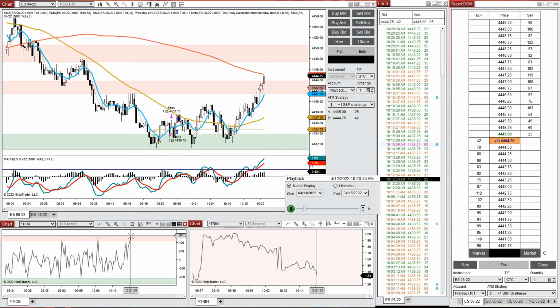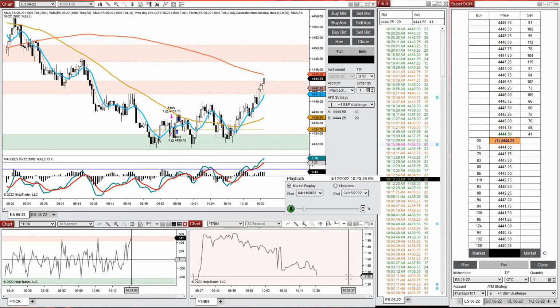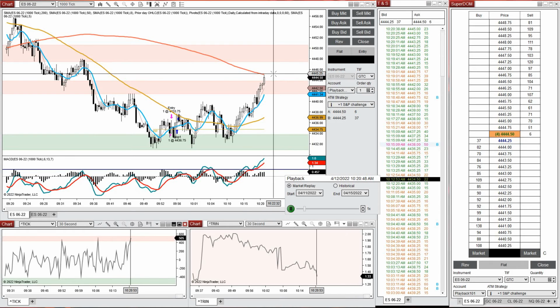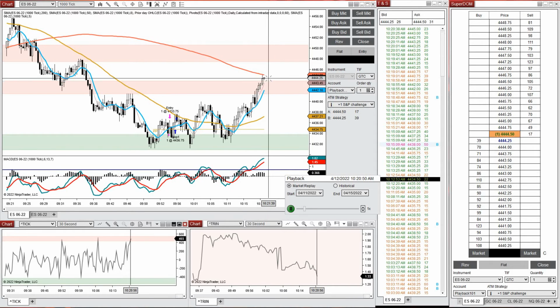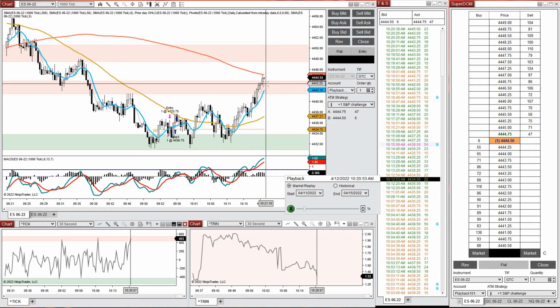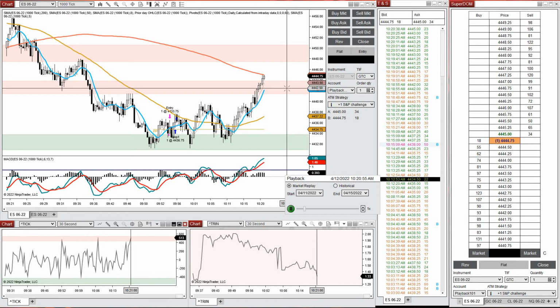Got a relatively high tick reading. Still bearish on my trend. I'm looking for a strong black engulfing candle, and then I'm looking to take a short trade.